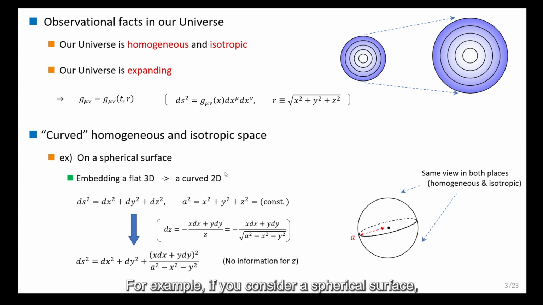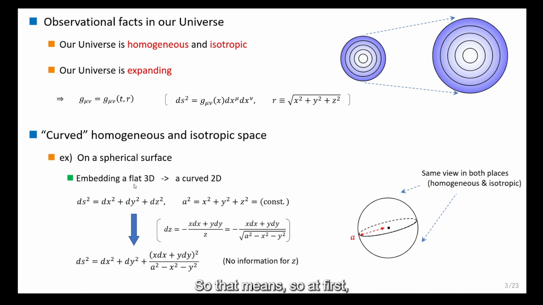For example, if you consider a spherical surface, like the surface of the Earth, roughly speaking, it is a curved two-dimensional object embedded in flat 3D space.